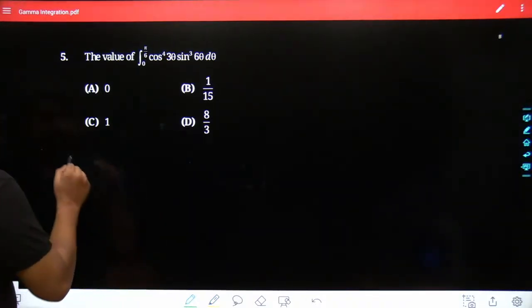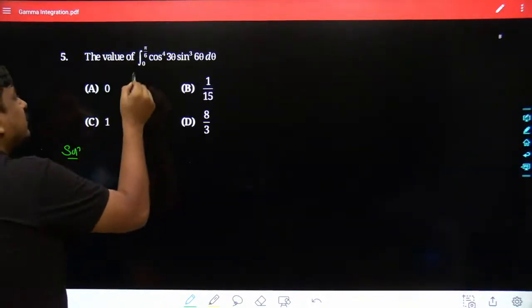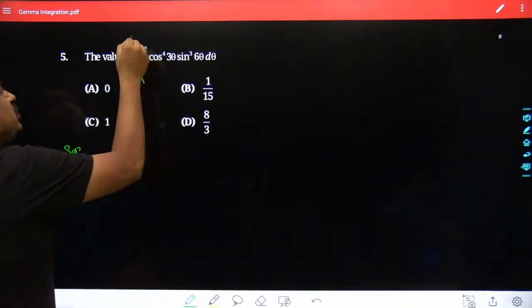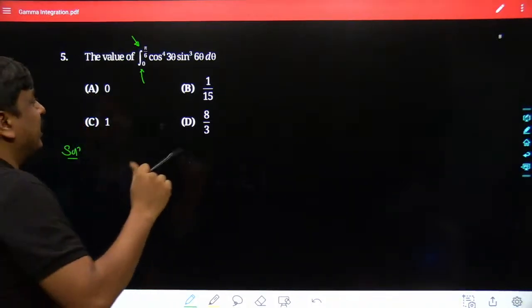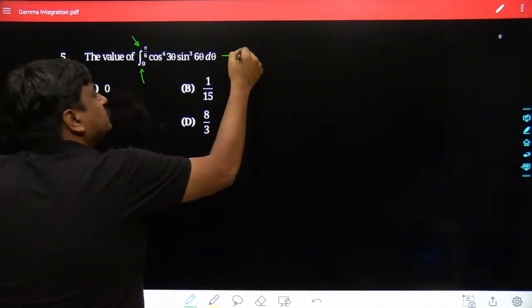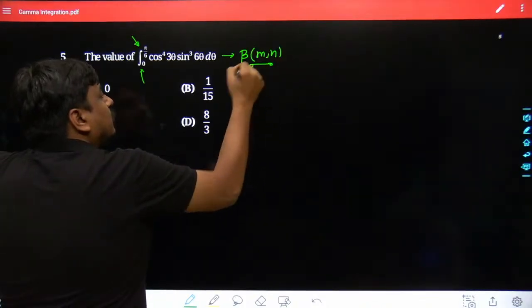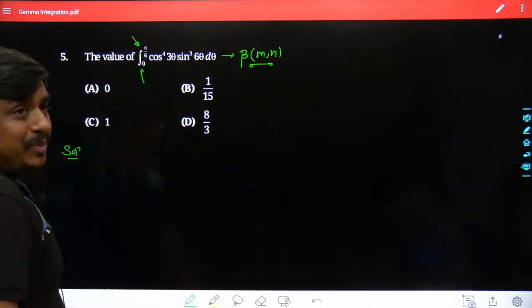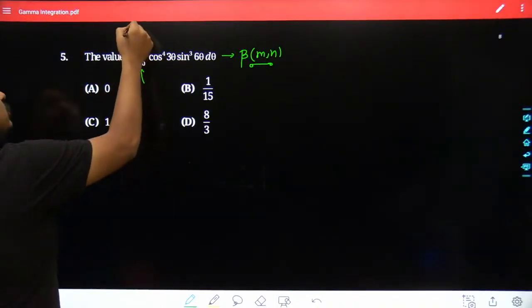See, my dear friend, one thing is quite sure. Until and unless the limit is from 0 to pi by 2, we can't touch this problem at all, at least with the help of beta integration. So, to change this form of the problem into beta integration, the limit pi by 6 would have to be changed to pi by 2.